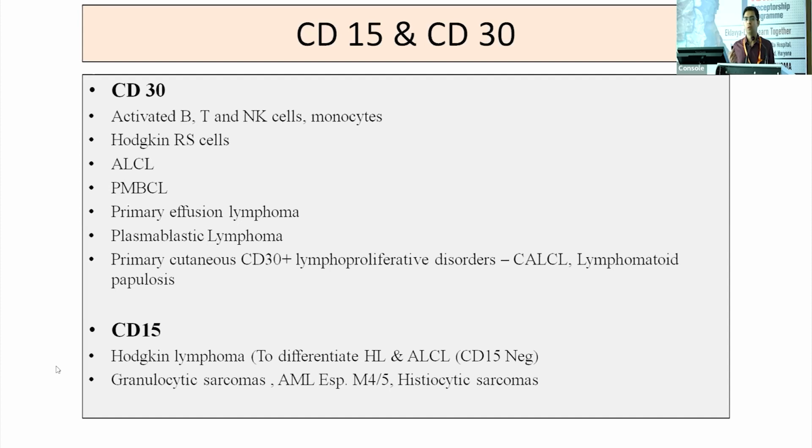I was surprised, and I could not delineate what the diagnosis was, and it turned out to be granulocytic sarcoma. And granulocytic sarcomas are a known entity in mixed germ cell tumor because of isochromosome 12p. So that was a very new experience for me, that CD15 is helpful in histiocytic sarcomas and AML, especially M4, M5.